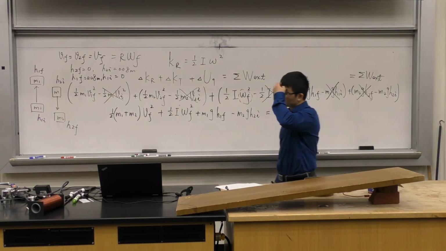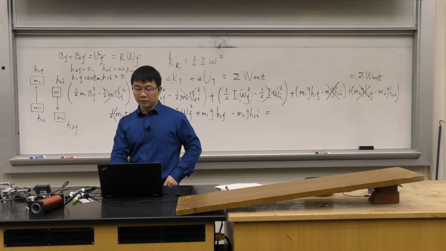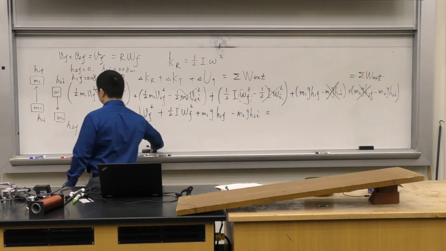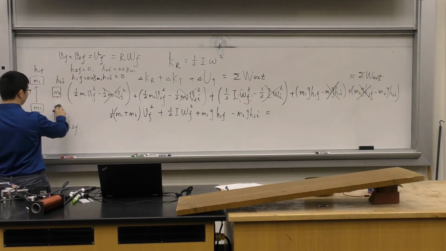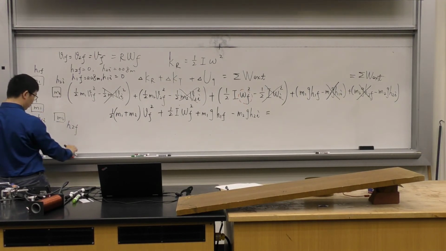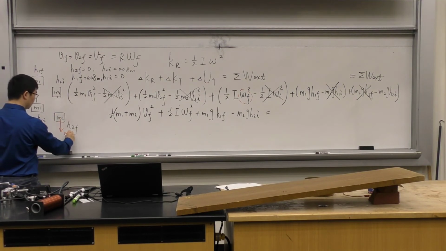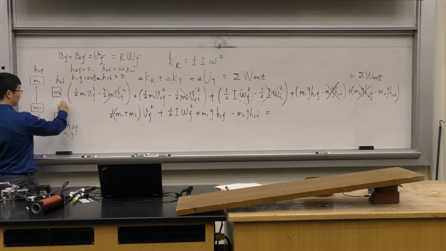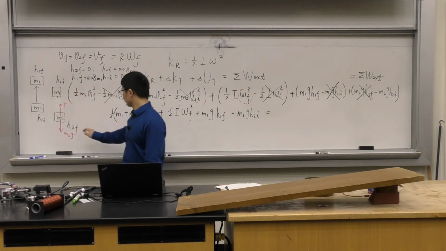Now, what about the external work? We have done this problem before, right? So how many forces on M2? So let's take a look at our M2. If I want to draw the forces on M2, I would draw gravity and then tension. But gravity never goes to the right-hand side.